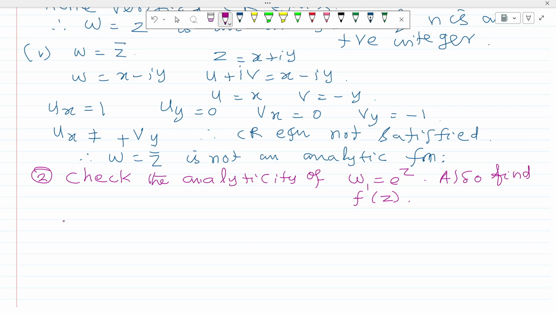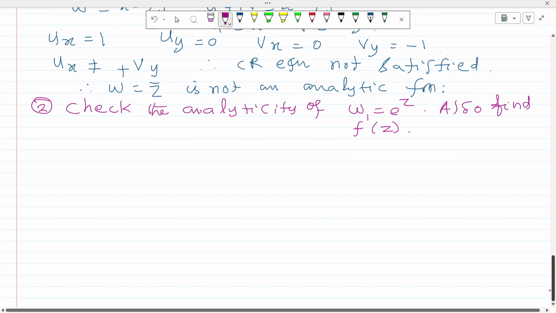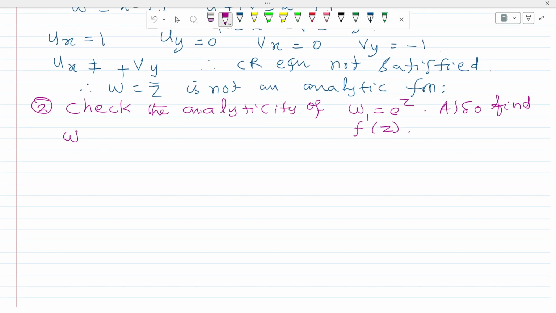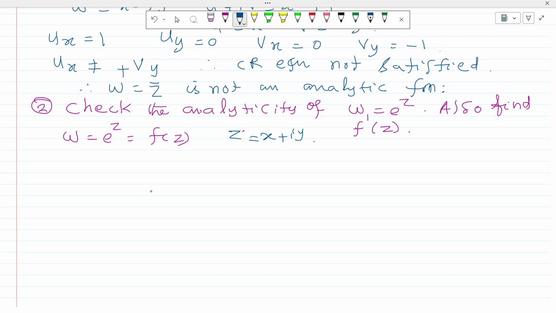Also find f dash of z. So how to find this? Now listen. Here given that W equal to e power z, that can be taken as f of z. z equal to what? z equal to x plus iy.